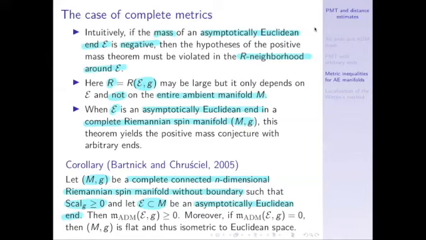Then the ADM mass must be non-negative, and moreover, if the ADM mass is 0, then M must be flat and therefore isometric to Euclidean space. Of course, for the rigidity part, we have a separate argument.